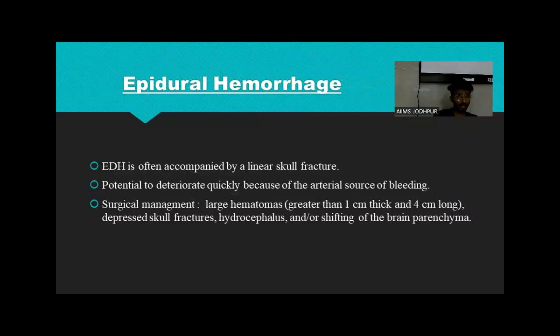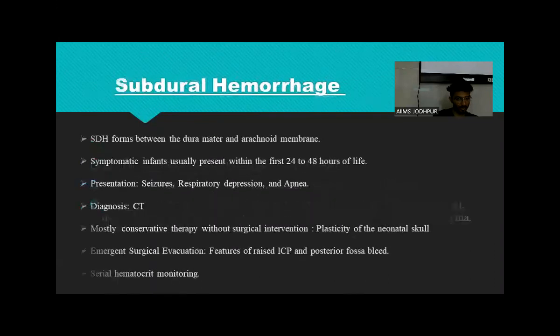Epidural hemorrhage usually accompanies a linear skull fracture, and the major source is arterial. It is usually managed conservatively, but surgical management may be required if there is a large hematoma, greater than 1 centimeter thickness and 4 centimeters long. Depressed skull fractures, hydrocephalus, or shifting of the brain parenchyma may also require surgical management.